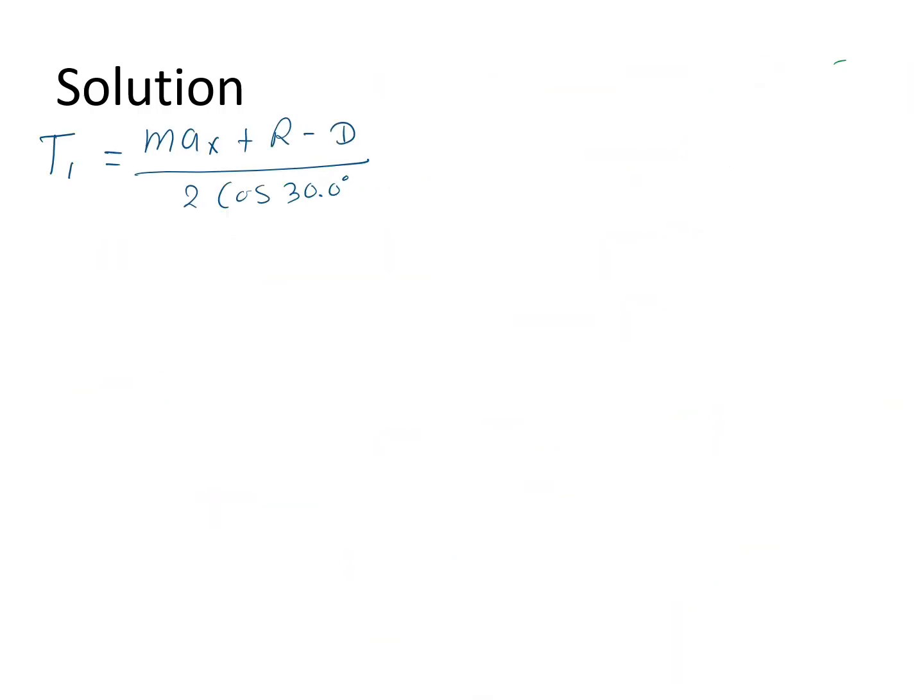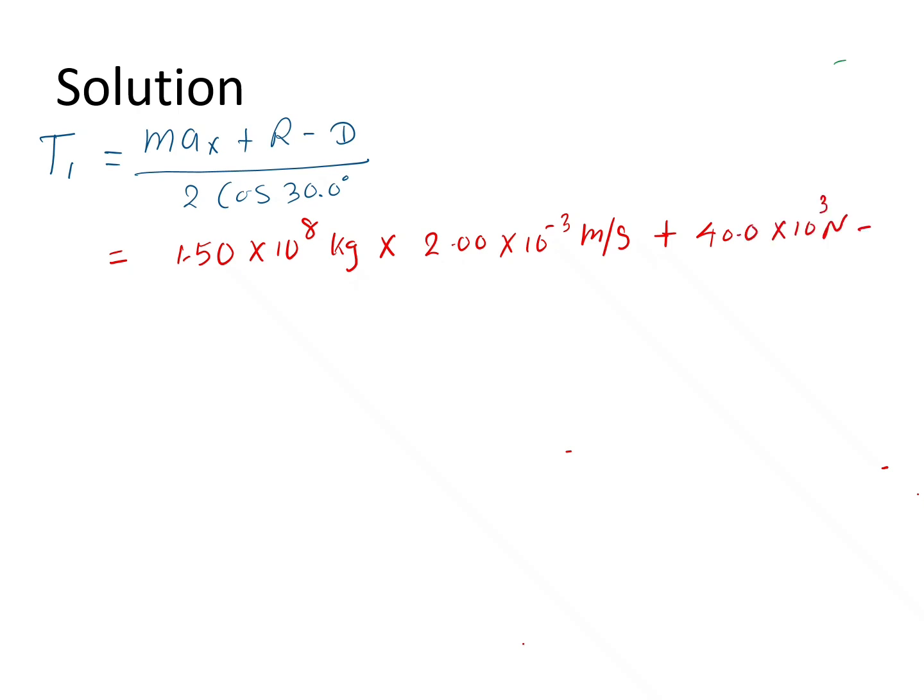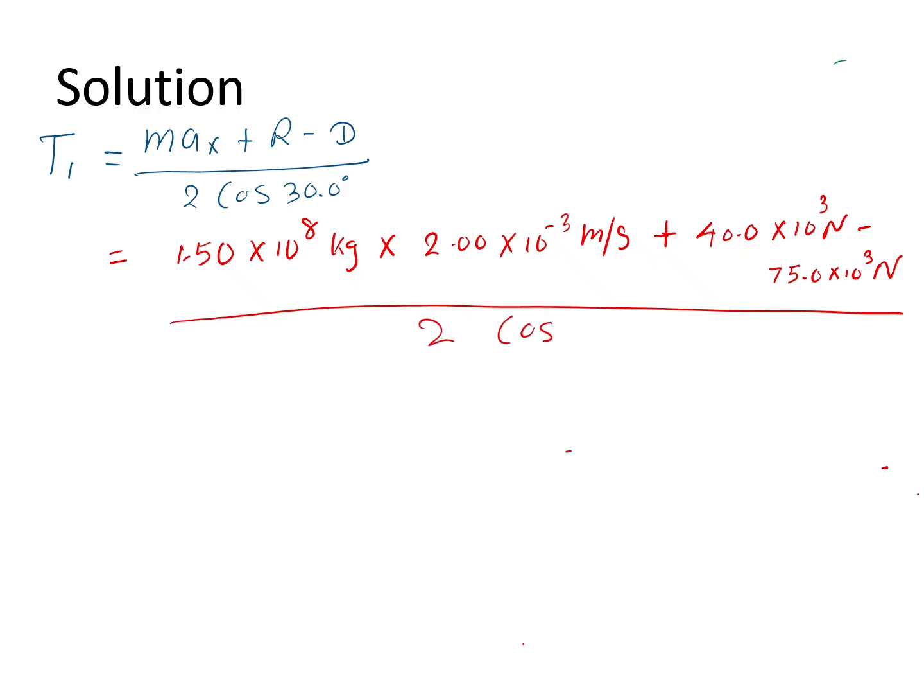Now we can substitute the values into this equation. The mass is 1.5 times 10 to the power 8 kilograms, multiplied by the acceleration in the x direction, which is 2 times 10 to the power minus 3 meters per second squared, and then we add the opposing force, which is 40 times 10 to the power 3 newtons, and then minus the driving force, 75 times 10 to the power 3 newtons, and this whole thing is divided by 2 times cosine 30 degrees.